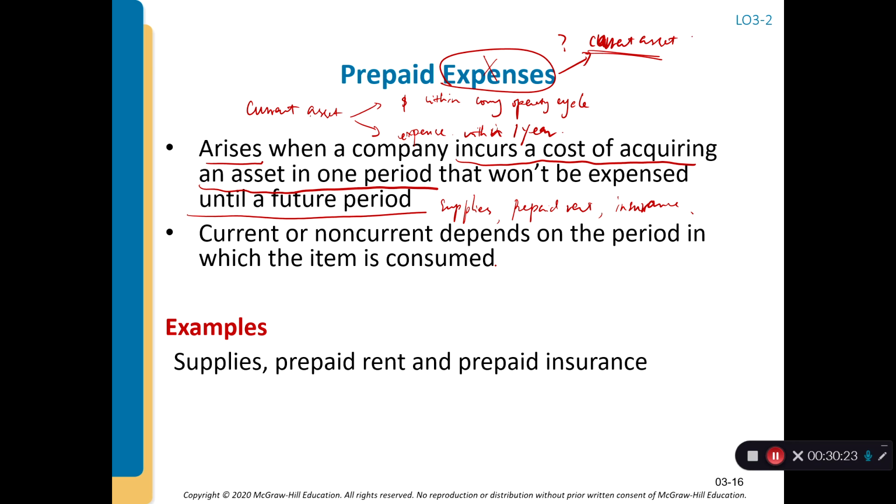Whether a prepaid expense is current or not depends on the period in which the item is consumed. Say if your supplies can be consumed within 1 year, yes, supplies are a current asset. But say your rent is being consumed over 3 years, then this prepaid rent is not a current asset; it should be a long-term asset. Like insurance covering 5 years means this insurance is a long-term asset, although it's a prepaid expense. So it all depends on how fast it's being consumed.